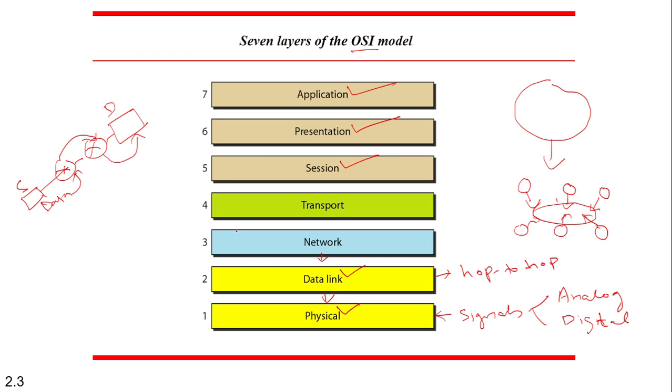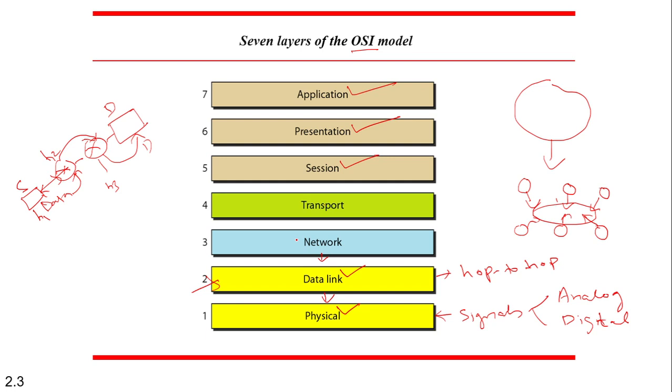So the data link layer helps to communicate hop to hop. Here this is hop 1, this is hop 2, and this is hop 3, and finally is the destination. So it helps with the hop to hop communications. There are certain protocols that help to facilitate this, and I will discuss those protocols in our future videos.